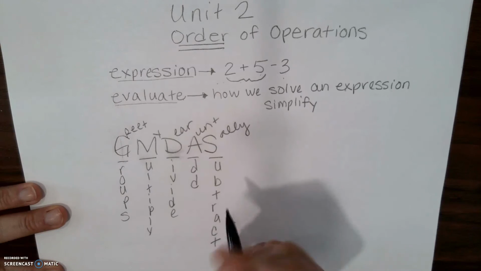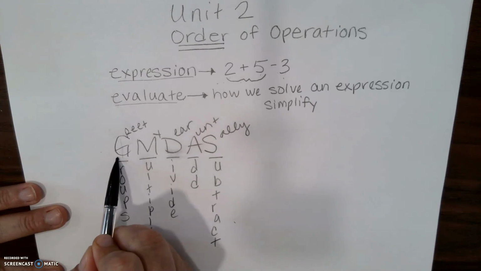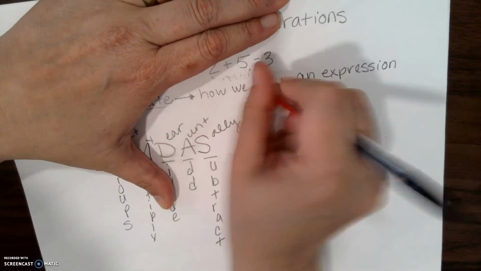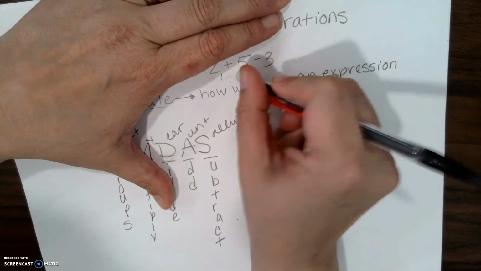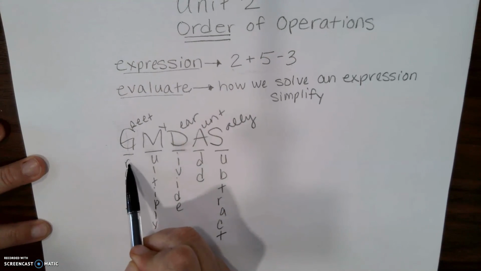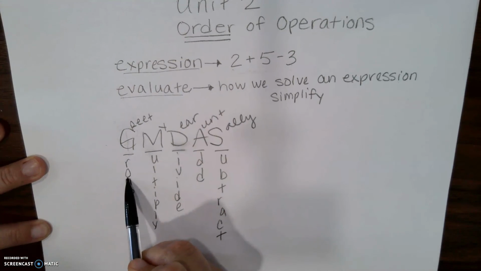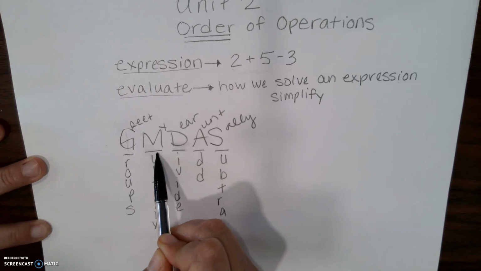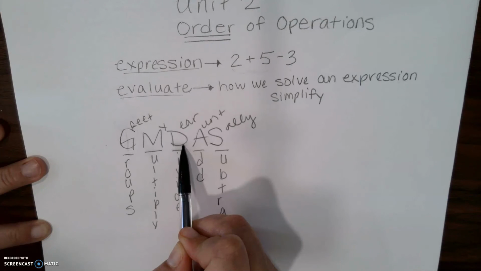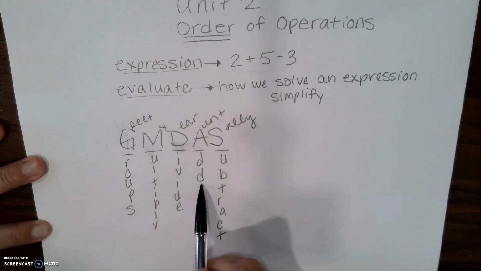But before we close, let's evaluate this expression together. Okay, so remember, we start over here. We don't have, I did this earlier. I don't want that to confuse you. Okay, we don't have any groups. We don't have any parentheses or brackets or braces. There's no multiplication. There's no division. We do have adding.